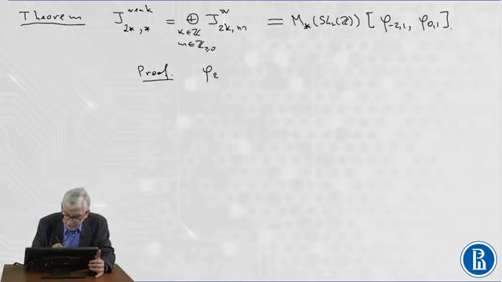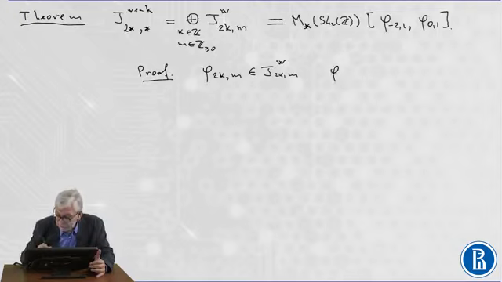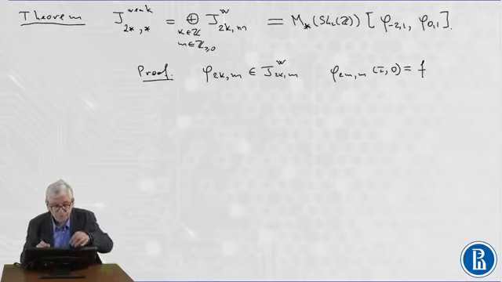Let us consider an arbitrary function of weight 2k and index m. Then its zeroth value is a modular form of weight 2k.